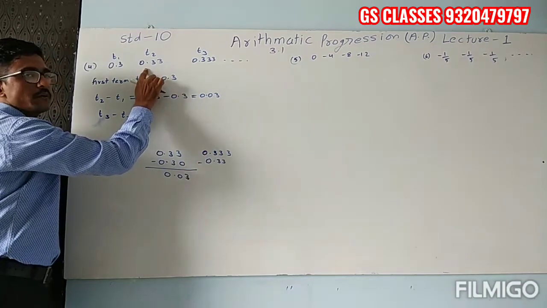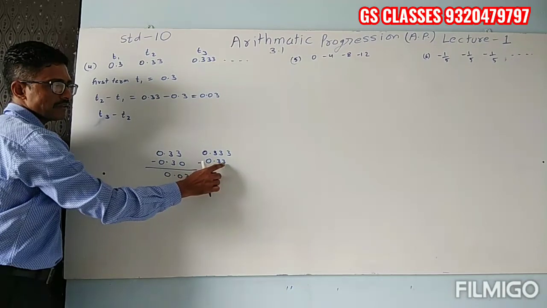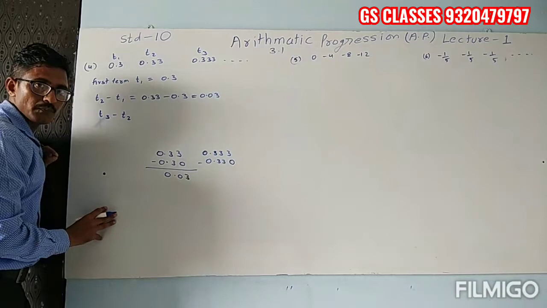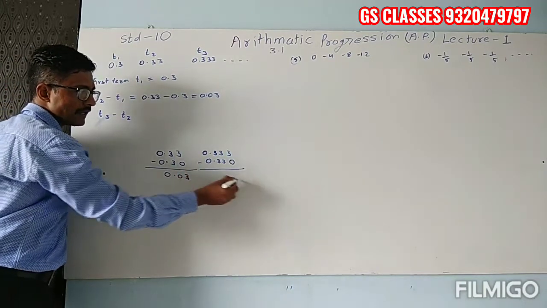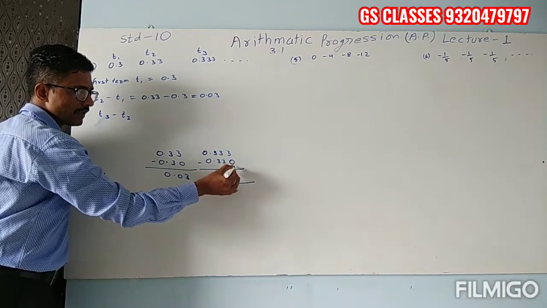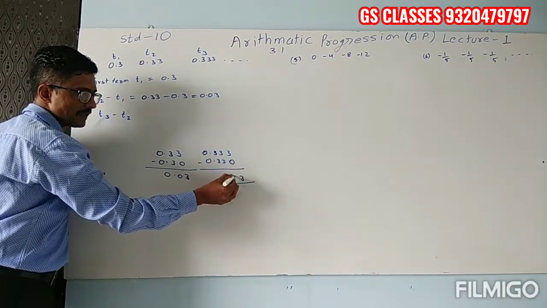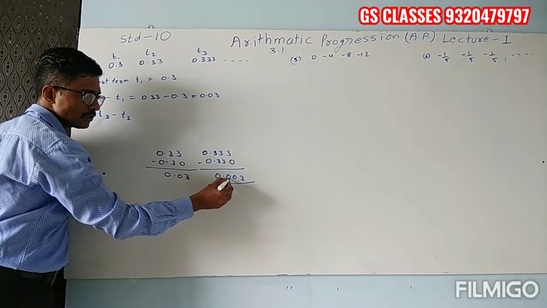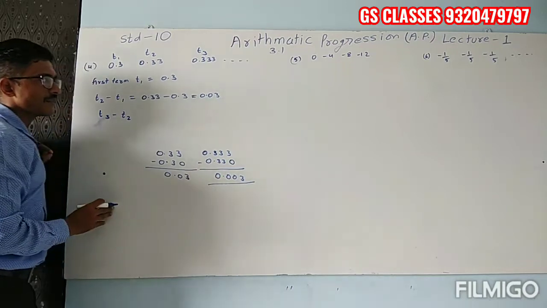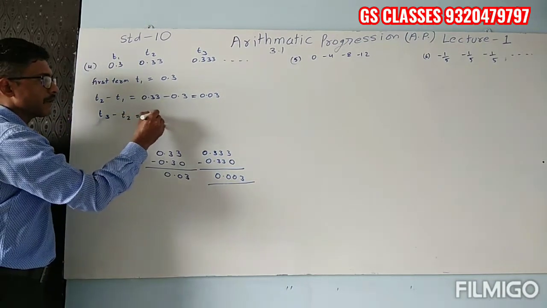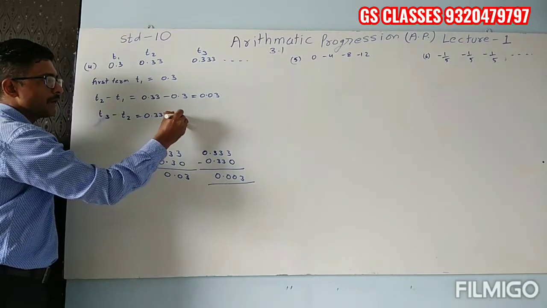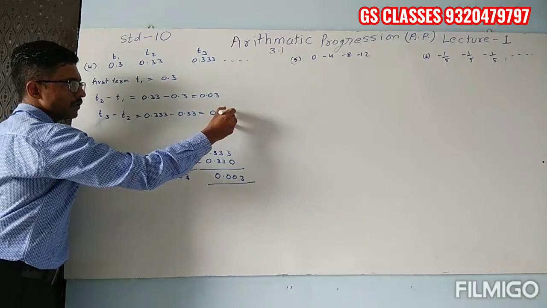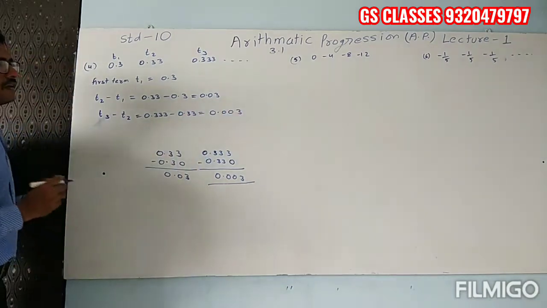If nothing is there, you can write 0. So if I subtract, 3 will come out as it is, 3 minus 3 is 0, 3 minus 3 is 0, and it is 0.003. So here I will write 0.333 minus 0.33. Answer is 0.003.